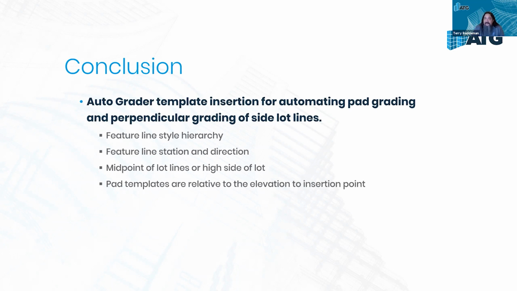Things to be mindful of is the feature line style hierarchy when you're creating lots, making sure that your hierarchy is set so the elevations that you intend to set for those side lots are actually set. Then the direction of your feature lines: when you're placing lots using the intersection, you need to know what direction your feature lines are and the stationing for those.